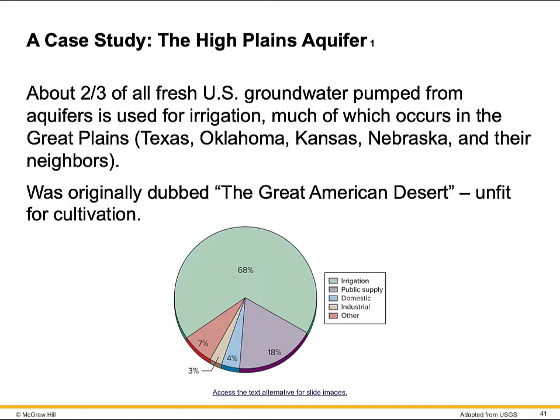Irrigation for the Great Plains is mainly taken from the High Plains Aquifer. Sand and gravel with some underlying sandstone, an open aquifer, partially recharged by rain and snowmelt. The water table is typically less than 100 meters below the surface.